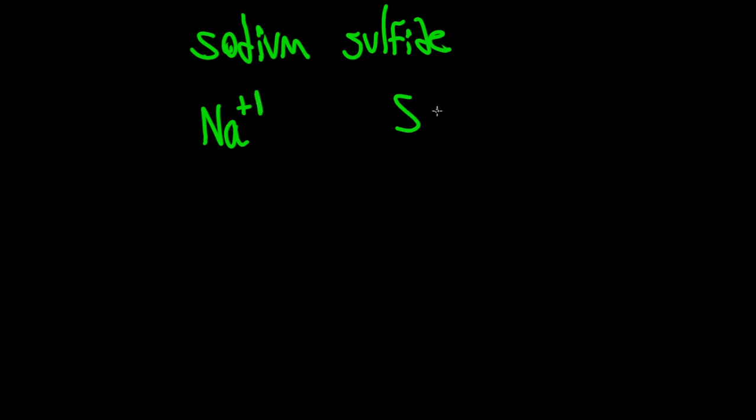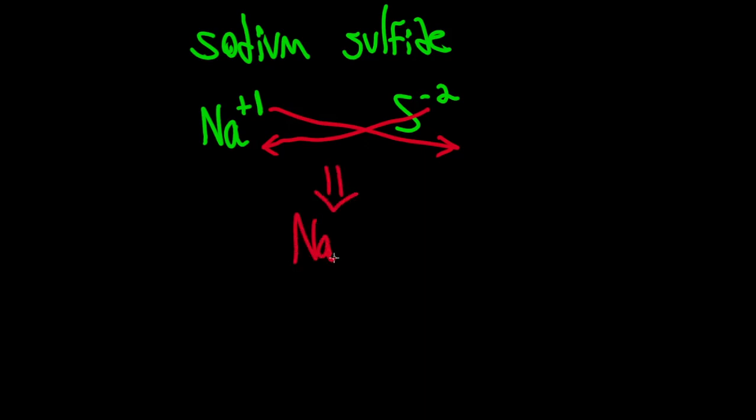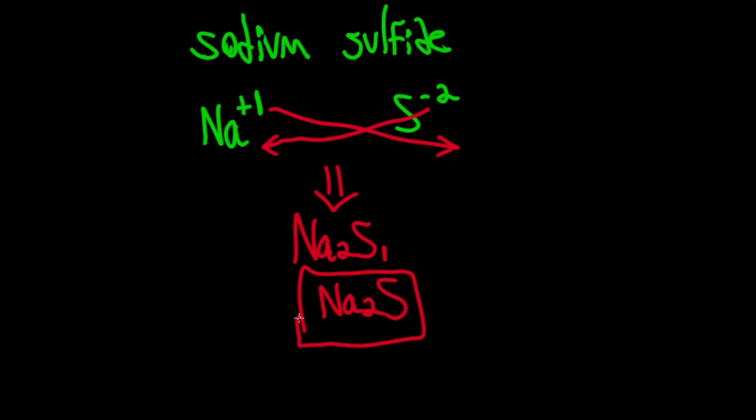And my sulfur, since it's in group 6, we can give it a -2 charge. So just like we've done before, we're going to do the crisscross method, and what we end up with is Na2S1, and we can get rid of that 1 and just call this Na2S. That's going to be our final answer for that.